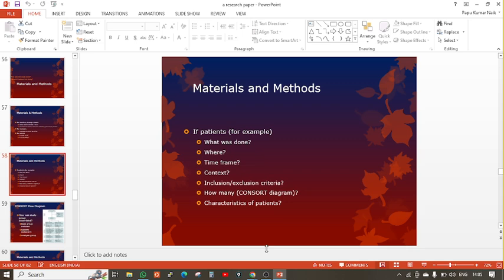In our case, when we write a research paper, some case study or research findings, we must include the materials used and where you purchased the materials.